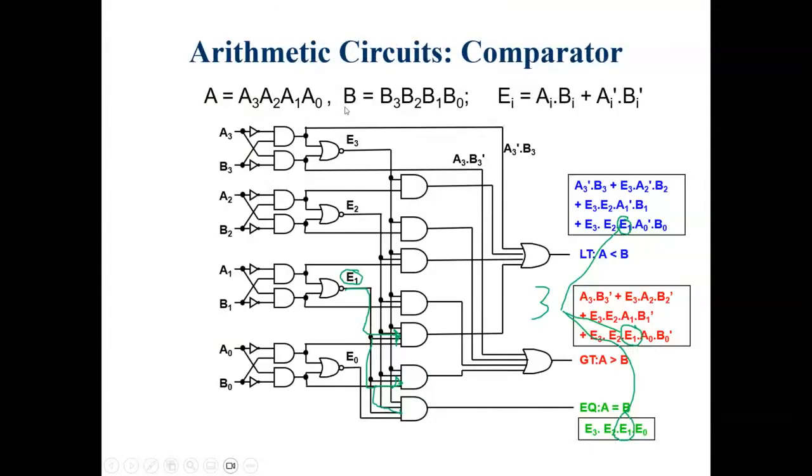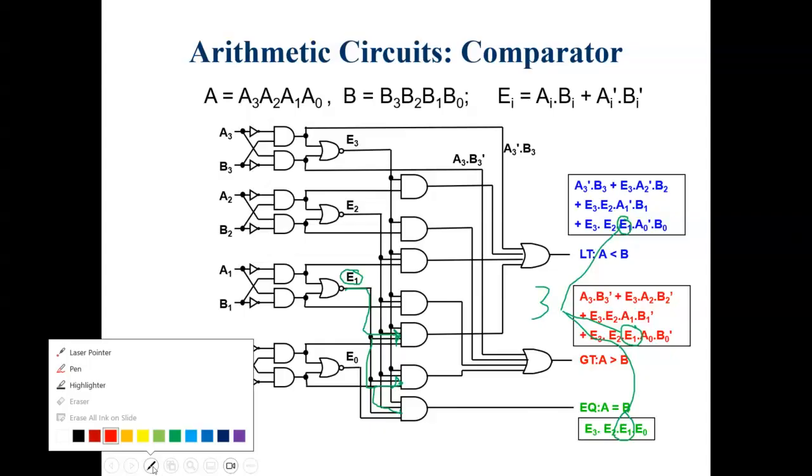A is A3, A2, A1, A0, and B is B3, B2, B1, B0. We found the expression for LT. Remember, we found the expression for LT. Yes or no?